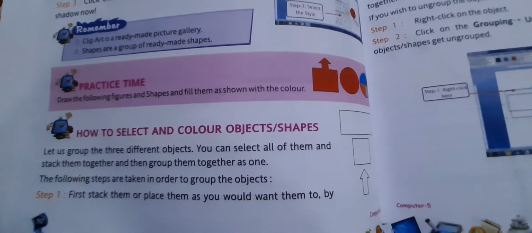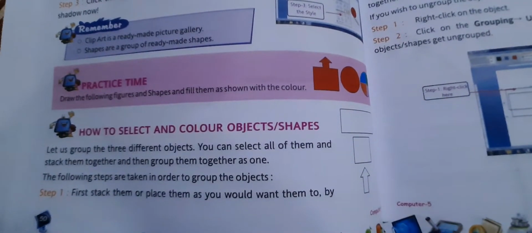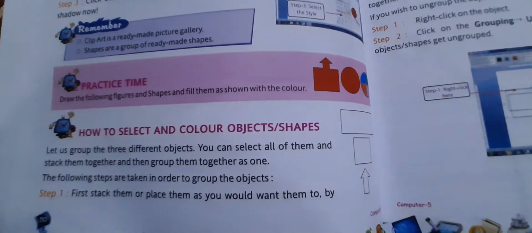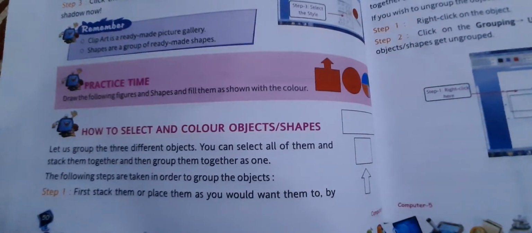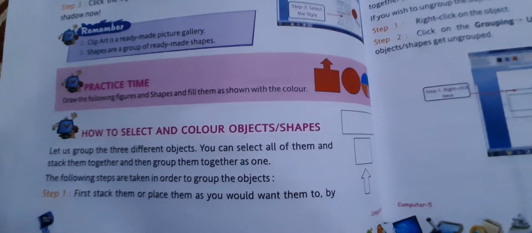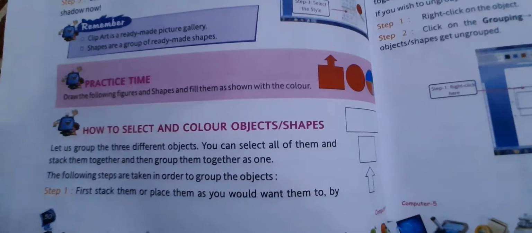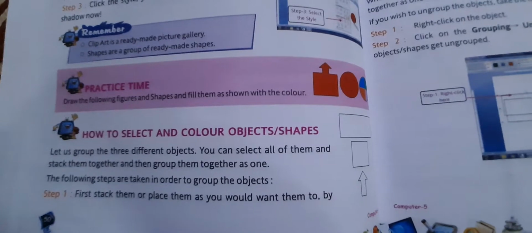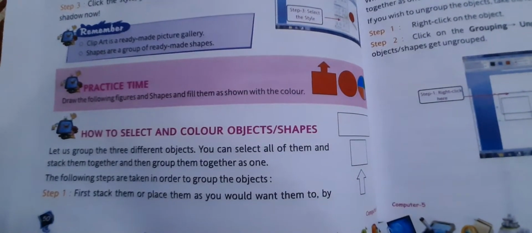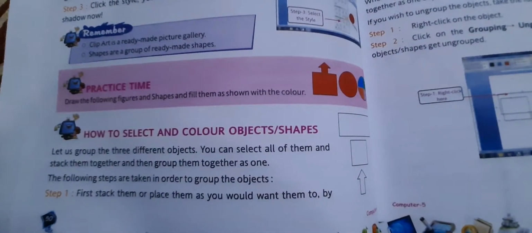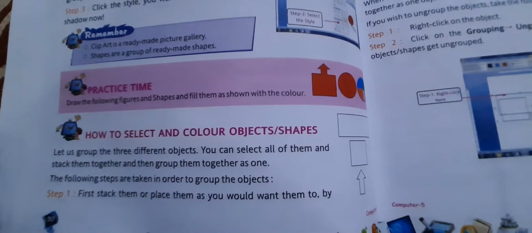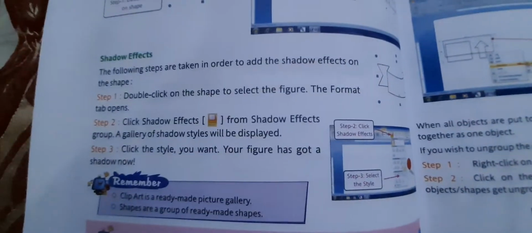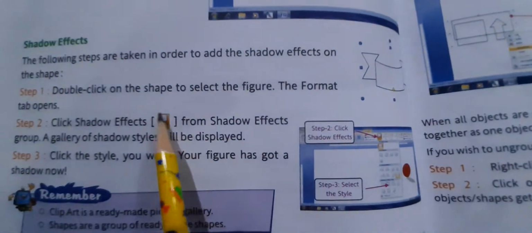Children, in the previous periods, we were discussing the various things available in MS Word which we can add in our document to make it more interesting and presentable. So we had discussed various objects like shapes, picture, clip art, etc. Okay, so in the last period we had done till shadow effects.